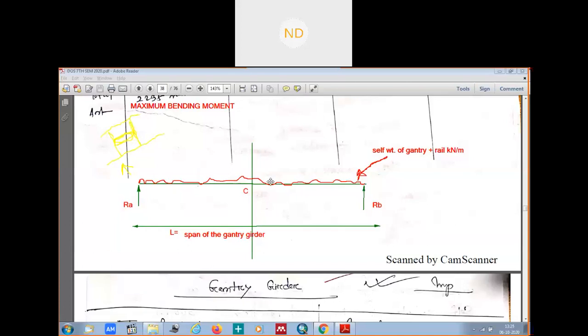Now where is your maximum bending moment? Suppose I'm telling you, the wheels of the crane girder, if I take it to be here. This is your crane girder, one wheel.